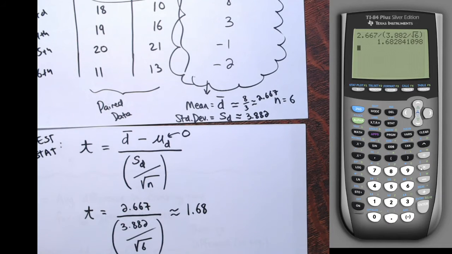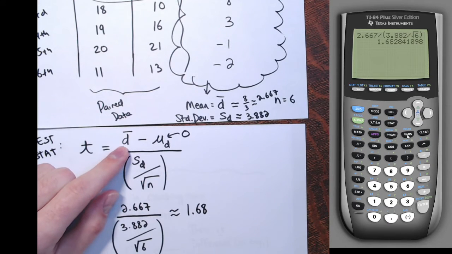Now, if you want to be more accurate, you can do this. For this d bar, go variables, hit number 5, statistics. Then number 2 is x bar. That's the mean, divided by, and then in parentheses the standard deviation: hit the variables button again, go to number 5, and use this Sx, and then divide that by the square root of 6.